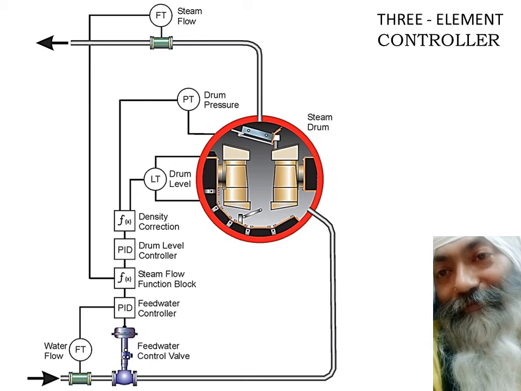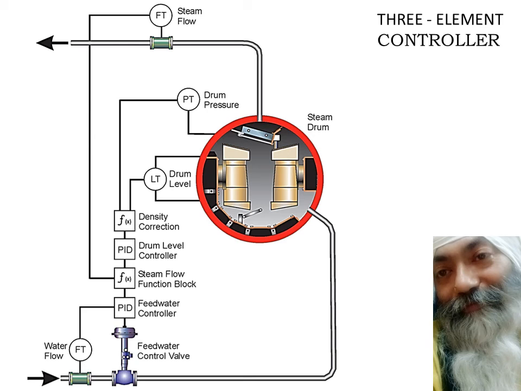And this steam flow function block needs to be tuned properly. It can be tuned by an experienced boiler engineer, or it can be tuned by taking care of its modeling as we had done in the previous videos.